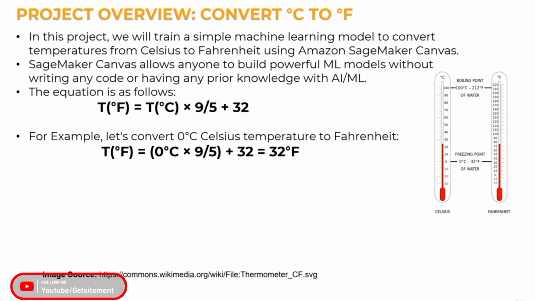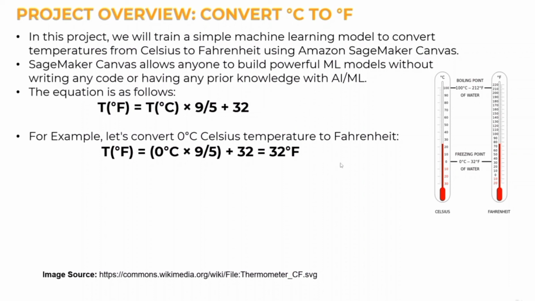That's all I am trying to do right now. And for example, if you wanted to do the home version, of course, you substitute here 0 degrees Celsius, you multiply that by 9/5, you add 32, and you end up with 32 Fahrenheit, and that would be the temperature here.